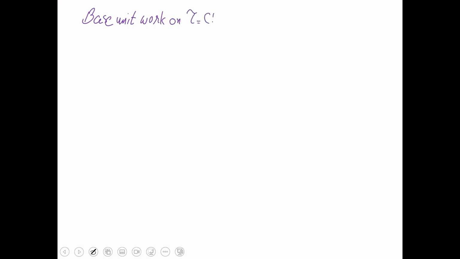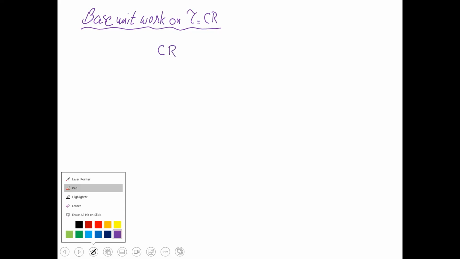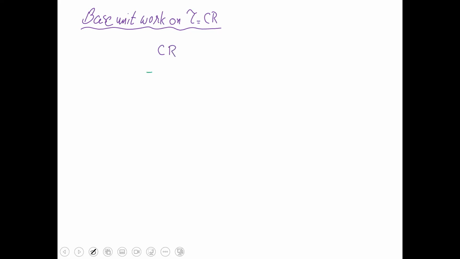Tau is equal to CR. Now, this is something we can work out, and we can check how the system is showing the unit here. If you see C into R, C is capacitance, which is in farad, and R is in ohm. We want to see how we can further translate it.